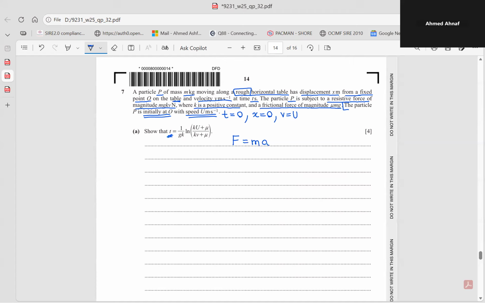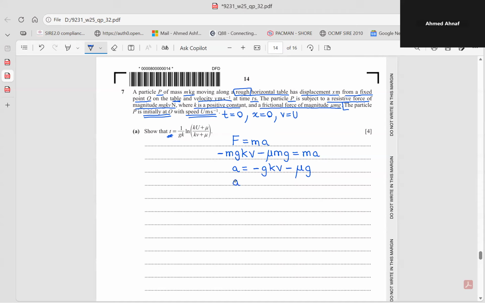Therefore, to find F, we're just gonna do minus mg kV minus mu mg, and this is gonna be equal to ma. Okay, so we'll leave the a alone for now. Now we're going to simplify. So a is just going to be minus gkV minus mu g.